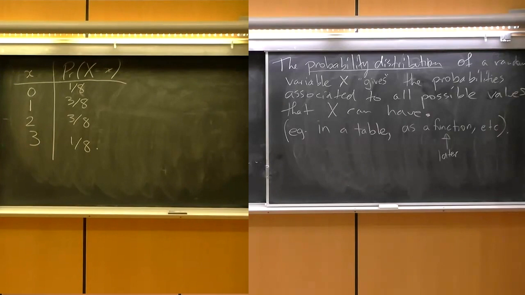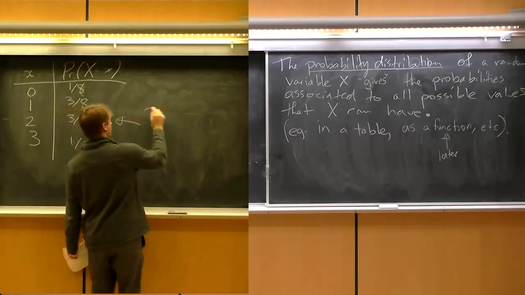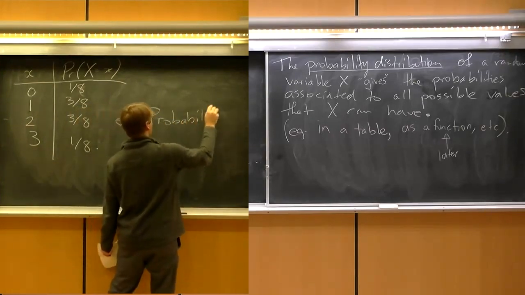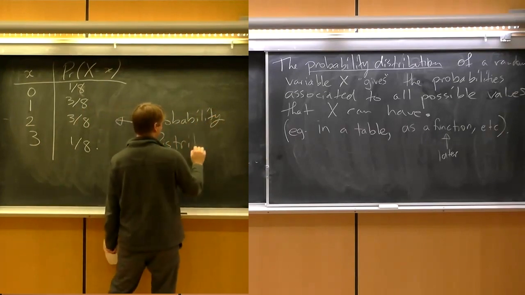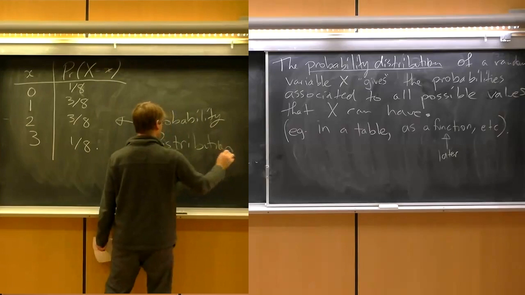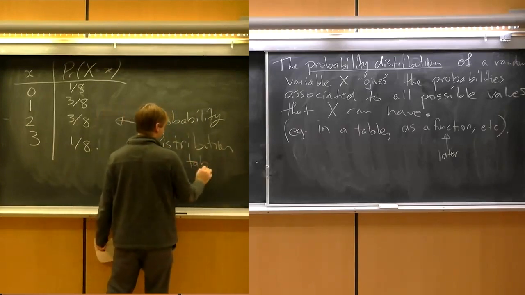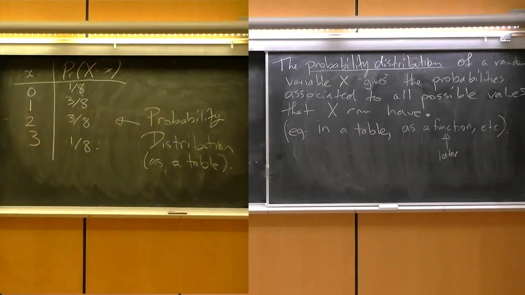So this is the probability distribution as a table. And for now, that's the way we're going to always write the probability distribution.